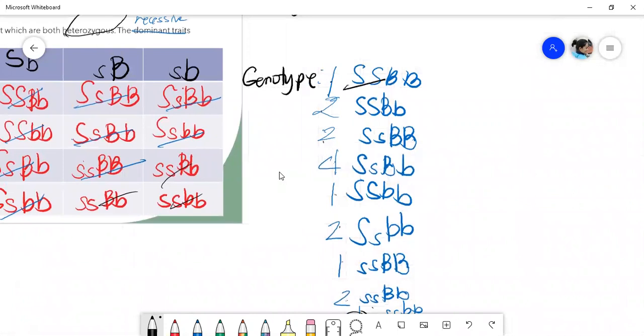Okay? So, this one is spotted, spotted, spotted black-eyed, spotted. So, spotted black-eye, all of these. Okay, so that's 1, 2, 3, 4, 5. Okay, 9 spotted. Here, we will now put the phenotype.